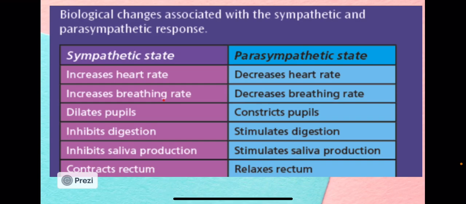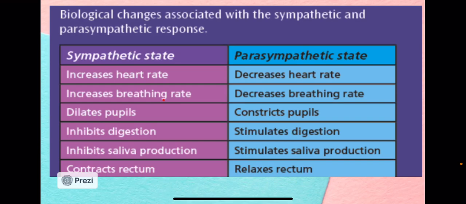Fight or flight is not on the advanced information. However, with regards to how the nervous system works, I would make sure that you have a look at fight or flight and some of those exam questions, which are application questions that look at the nervous system, because they do link to the fight or flight response. Have a look at those application questions on past papers, and I think there's a couple on your worksheet as well.